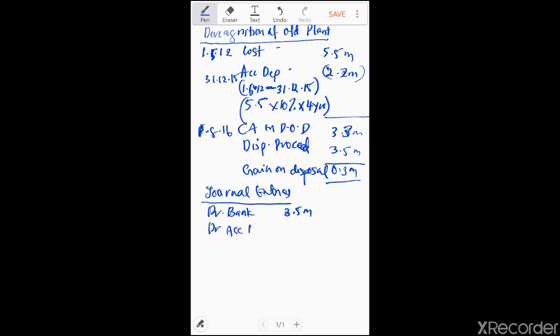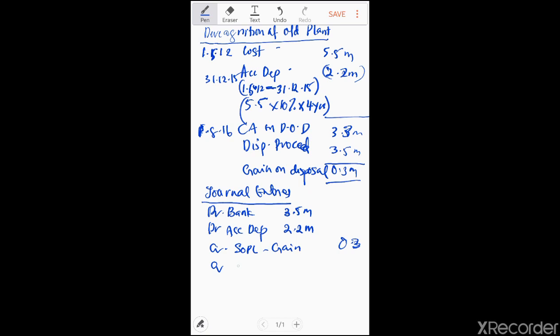The accumulated depreciation that you need to eliminate is 2.2 during derecognition. The gain on disposal credited to the SOPL was 0.3. And the cost of the plant derecognized, cost, yeah.